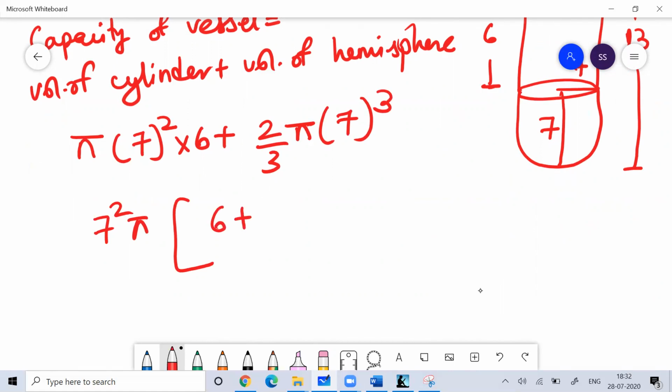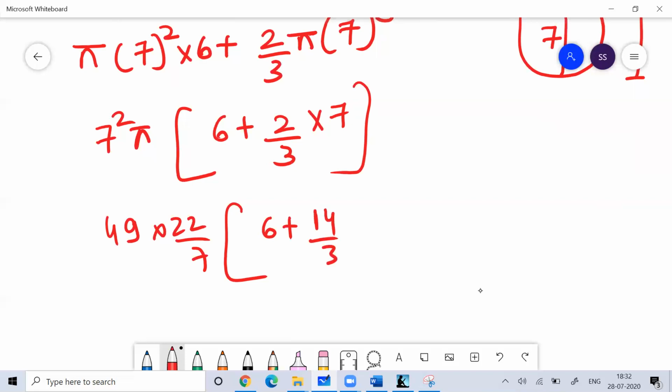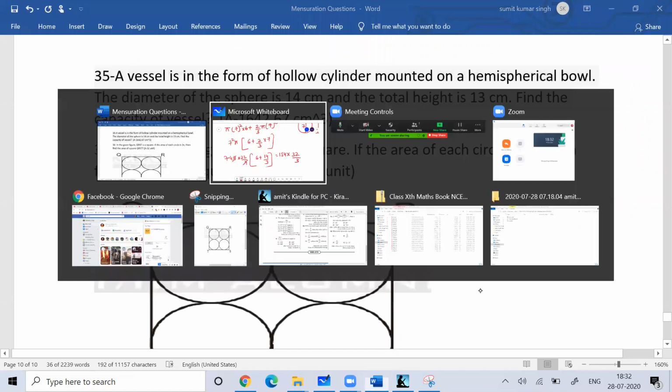This is 6 into 2 by 3 into 7. This is 49 into 22 by 7, the 6 plus 14 by 3. This is 154 into 18 plus 14. 18 plus 14 is 32 by 3. This you can multiply, 154 into 32 by 3. So you get that volume.